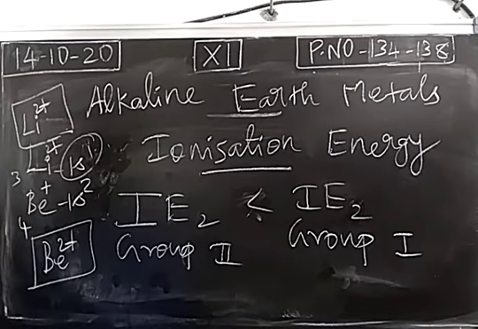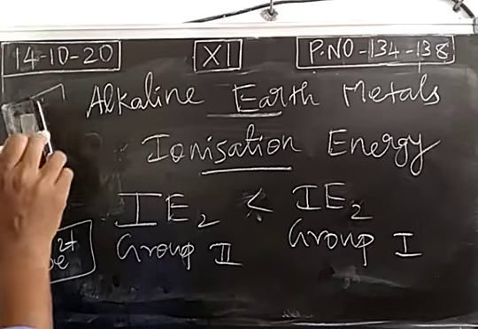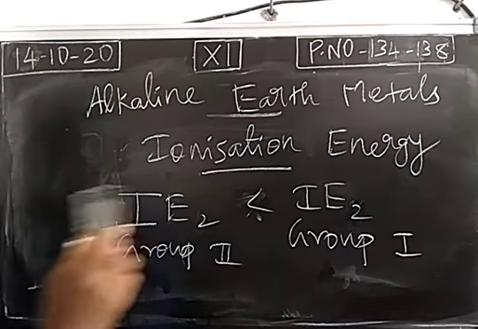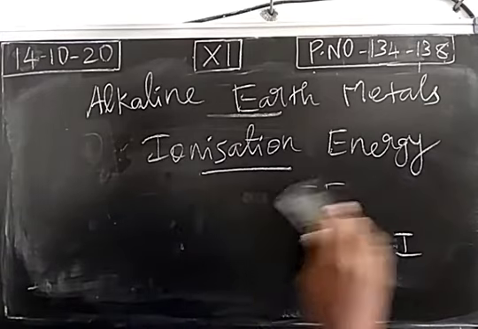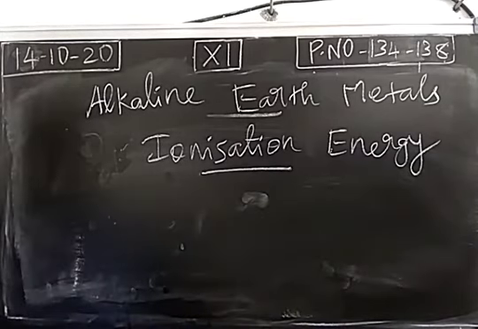So first ionization energy will be more for alkaline earth metal, but second ionization energy will be more for alkali metal, group 1. We have to remember this for 1 mark. It is very difficult to remove an electron from the electronic configuration of noble gas.